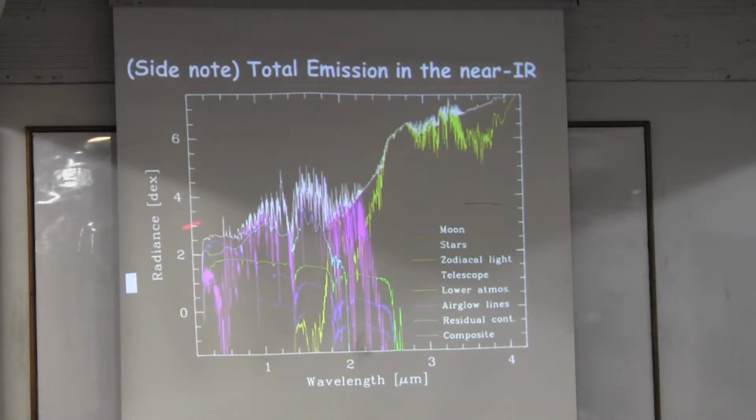And then if you put this all together, you have a very complex structure over here. And you have no astronomical source in there yet. So you have to calibrate for that, of course. You have to subtract that out before you can publish the spectrum of your galaxy.